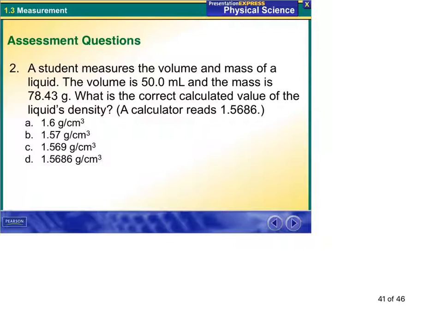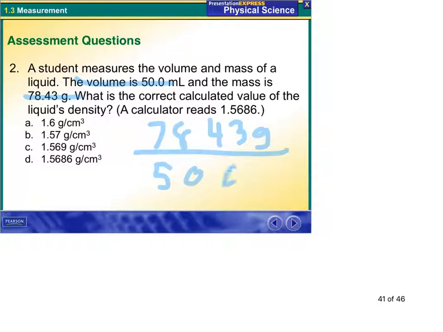Here we get a volume of 50 milliliters. We got a mass of 78.43. We divide those, 78.43 grams divided by 50.0 milliliters, and we get that on our calculator. Grams per milliliter.